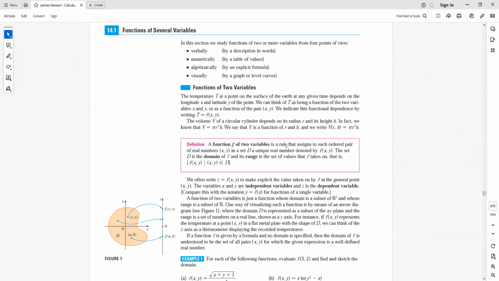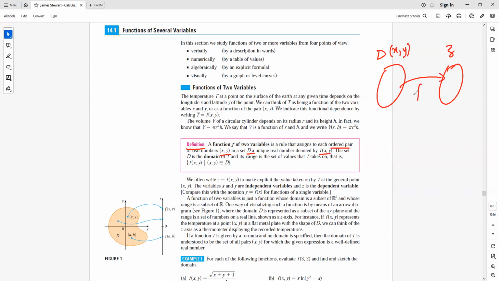For the definition of a two variable function, we can use this definition: it is a rule that assigns to each ordered pair of real numbers x comma y in set D a unique real number denoted by f of x, y, right? So we have the domain as an ordered pair x comma y, and the range here is z, so it's a single element.